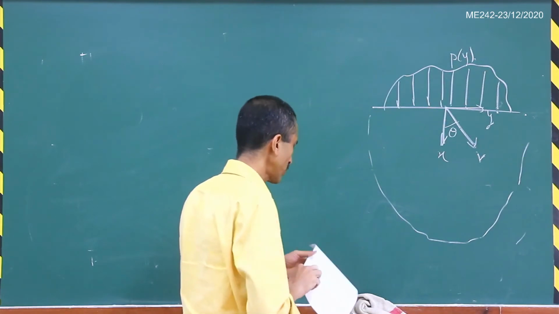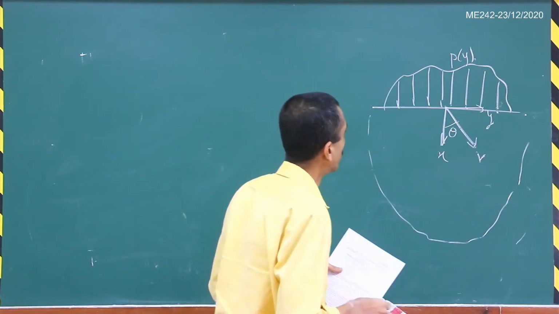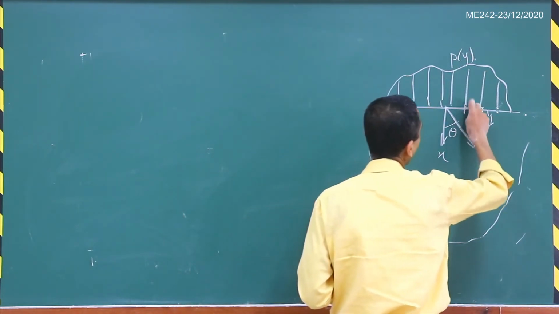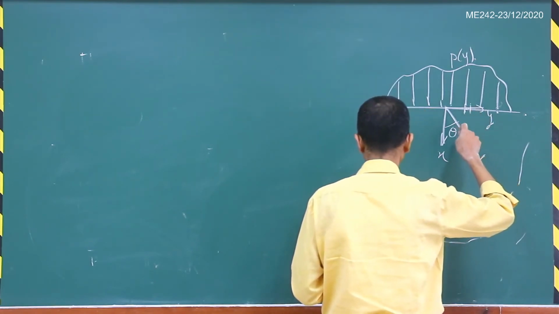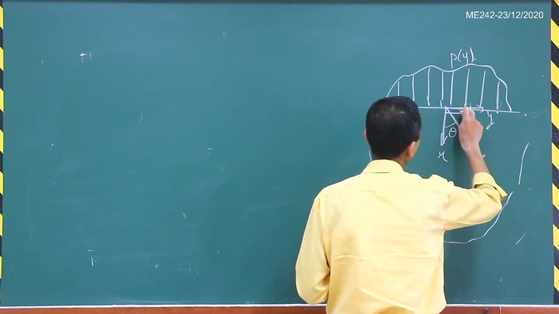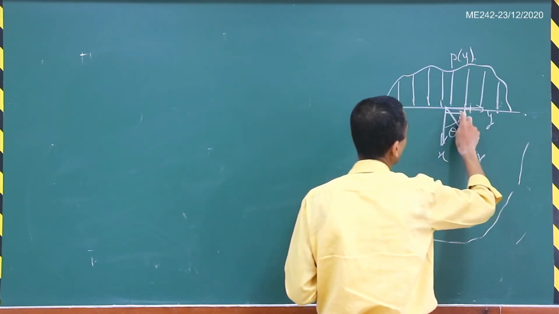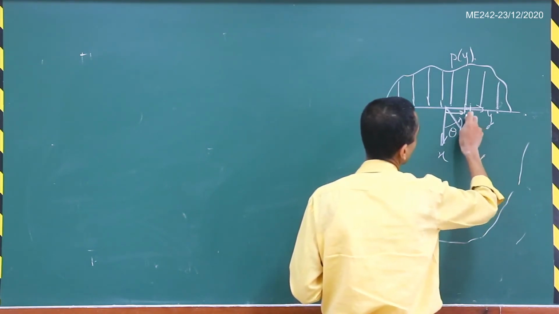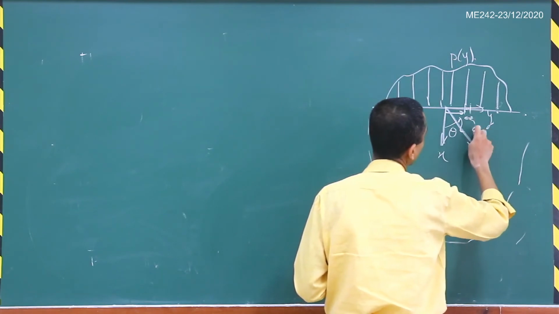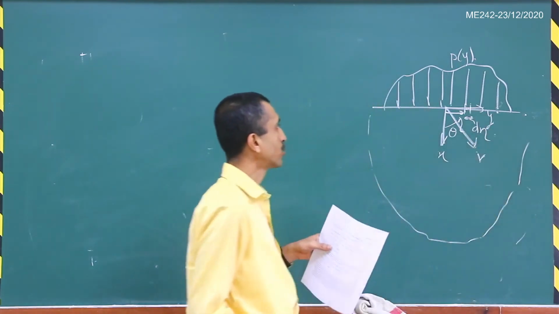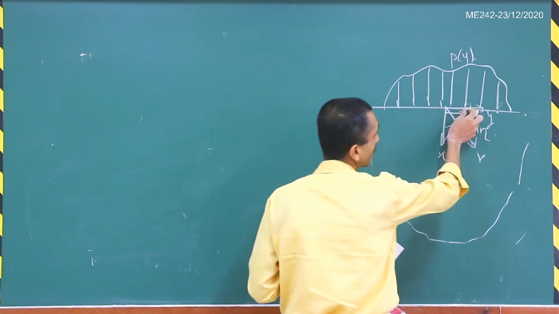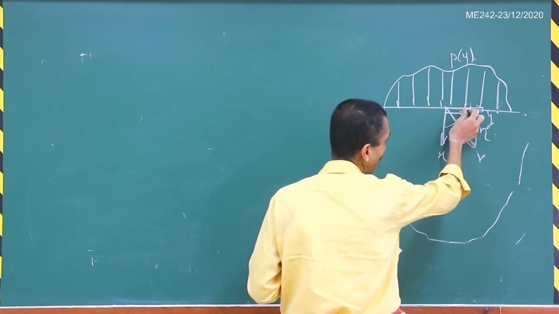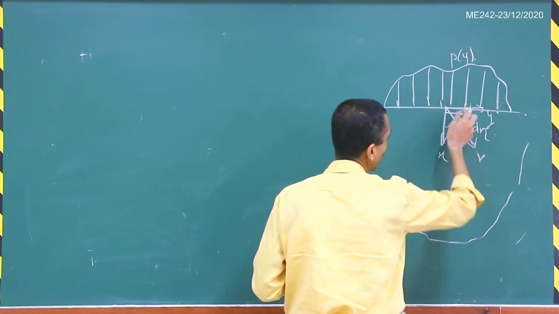And what we will do is take one element here. This is at some distance eta from this. So this distance is eta, and this element length is d eta. P times d eta is the total force acting on this particular element, and that can be considered like a point load.